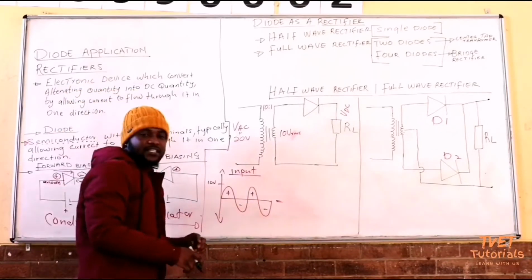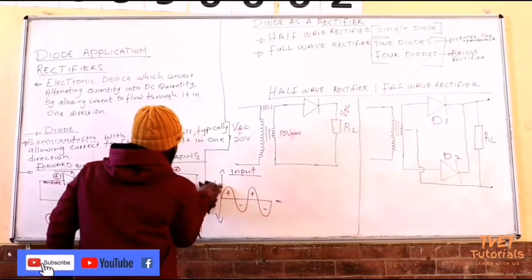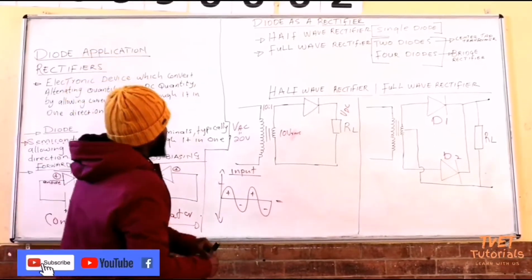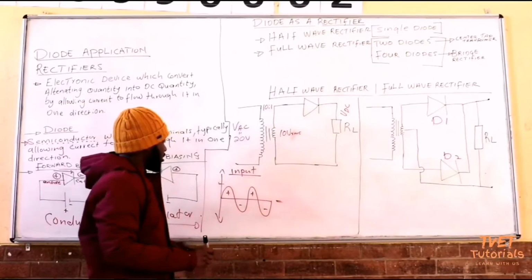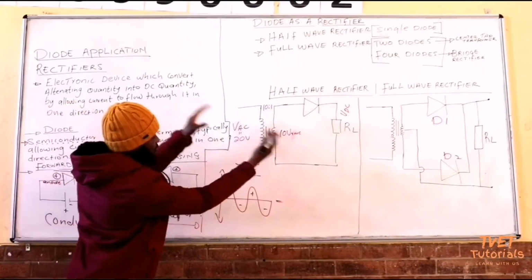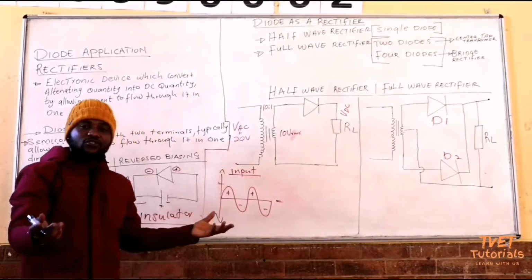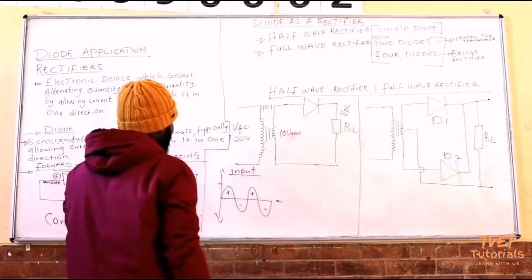So let's assume this is a wave that is supplied. Let's assume this is the wave that's applied on the input of the diode, the secondary voltage. I just want us to know how to draw the input wave and the output wave.